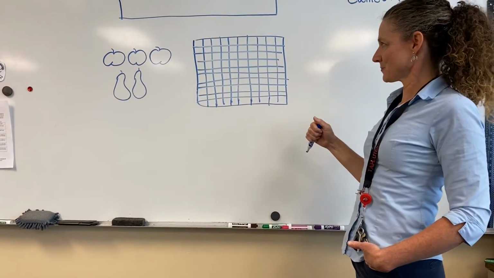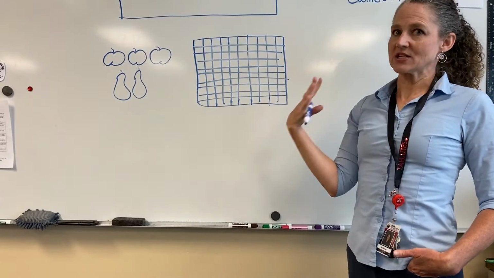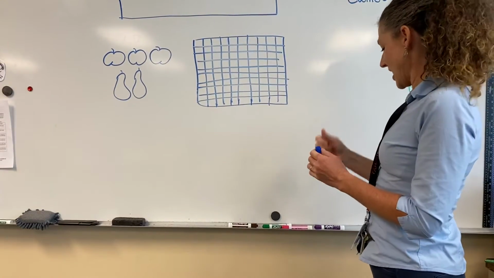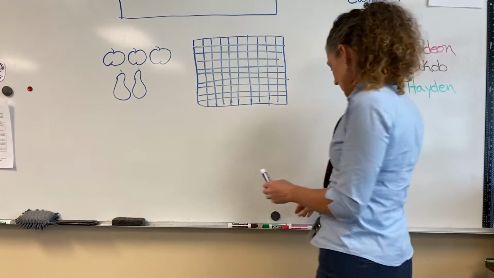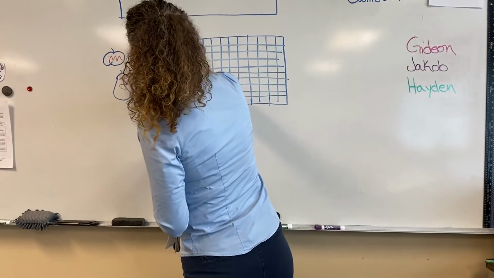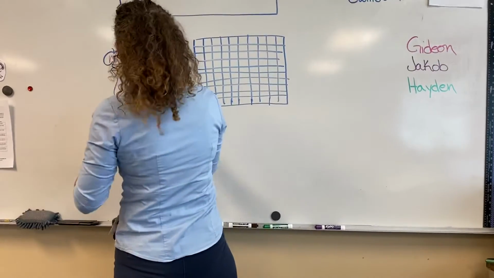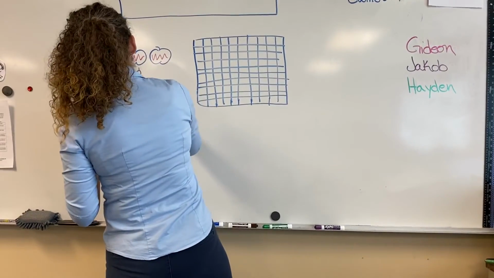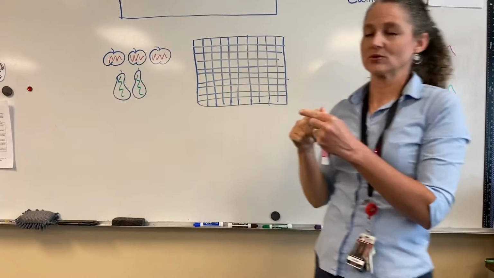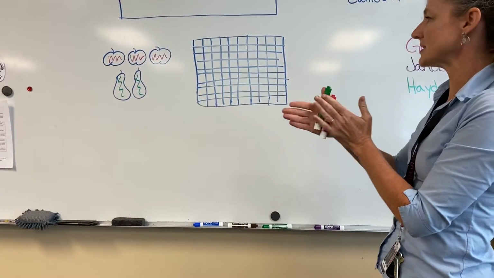I need to figure out what percentage of apples and what percentage of pears I have. We're going to do the apples in pink and the pears in green, because I have never ever seen a blue apple, nor a blue pear.